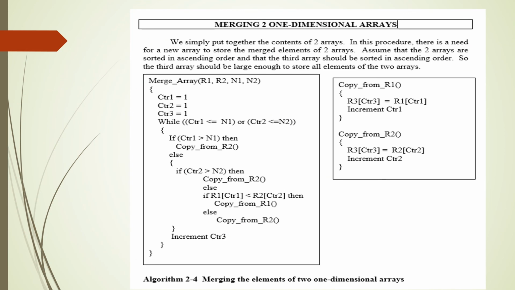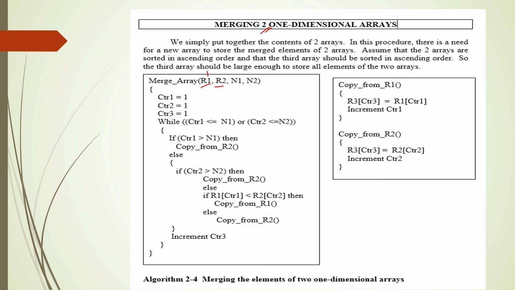So, for this one, okay. We have used here 3 arrays, okay? So, 3 arrays, that means we're going to copy 2 one-dimensional arrays. So, that means, we have R1 and R2.